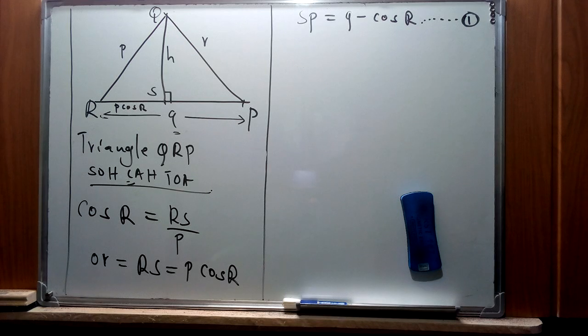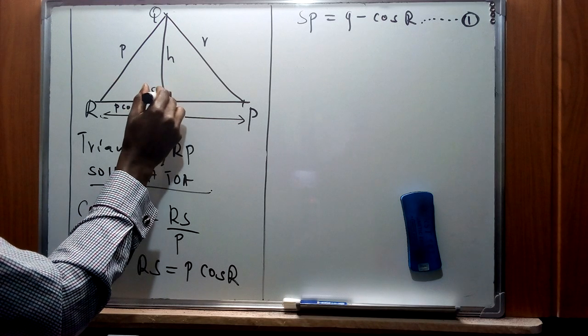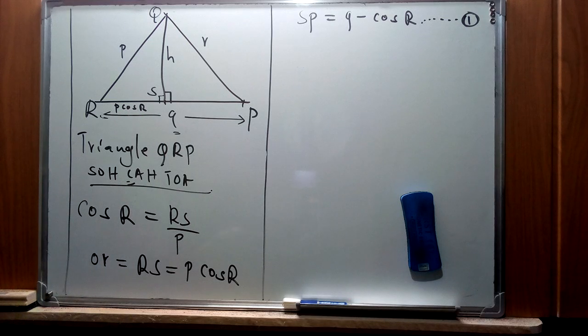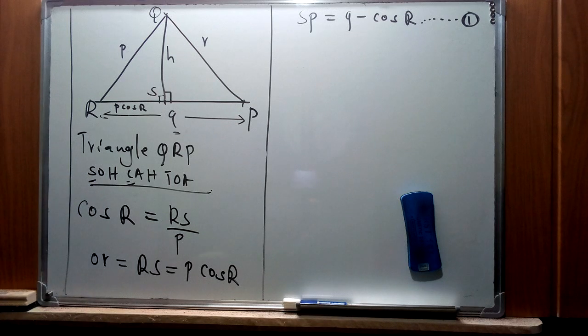So in the triangle QRS, this is the right triangle. We can define the sine of angle R still.